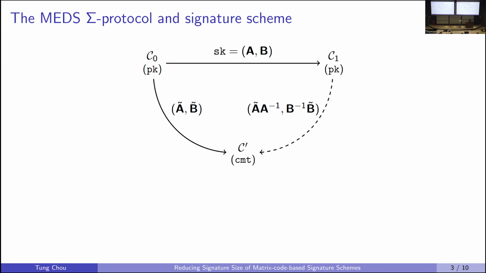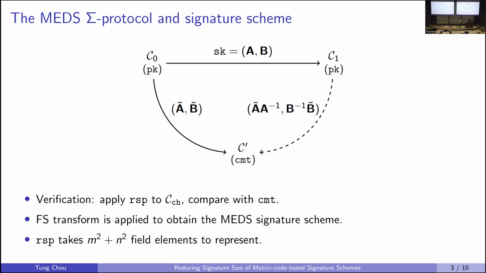When the challenge is 1, the response is going to be this dashed arrow, which is a composition of the inverse of the secret key and (A tilde, B tilde). So this is a simple Sigma protocol. Verification also works very simply.